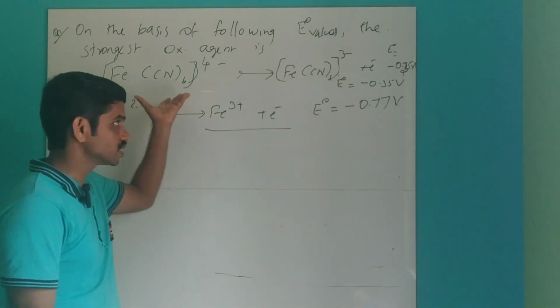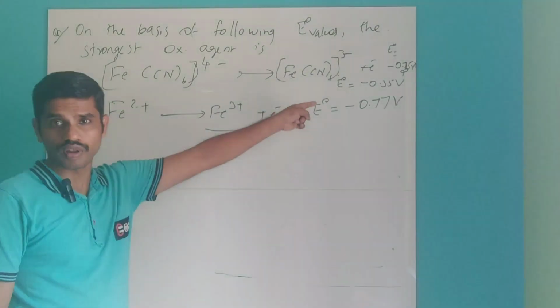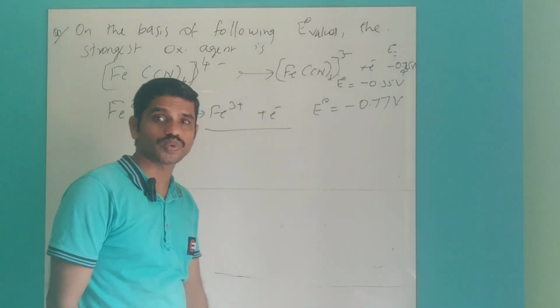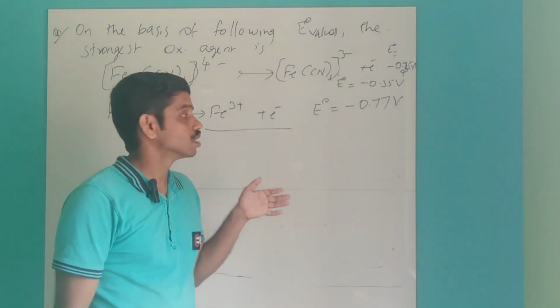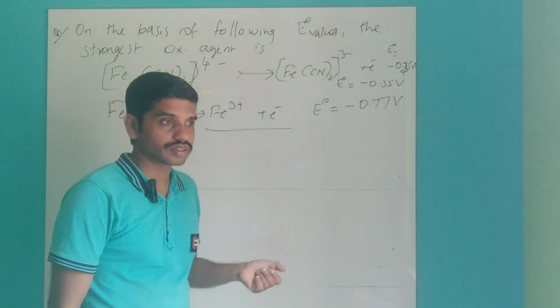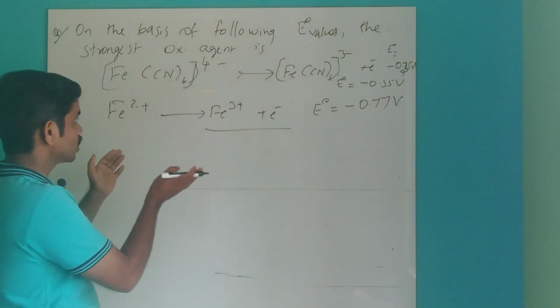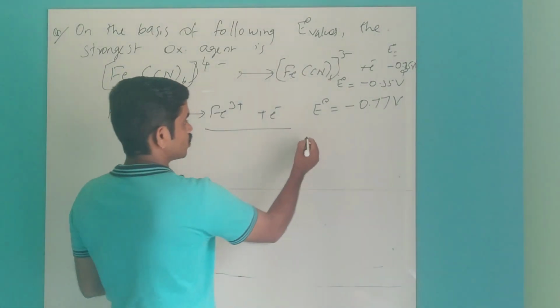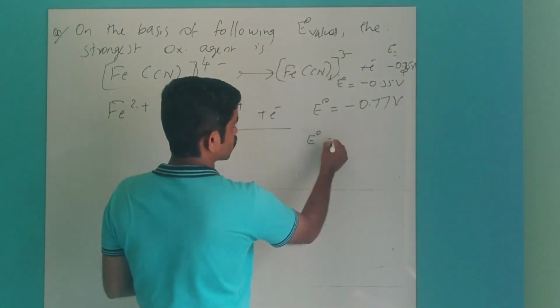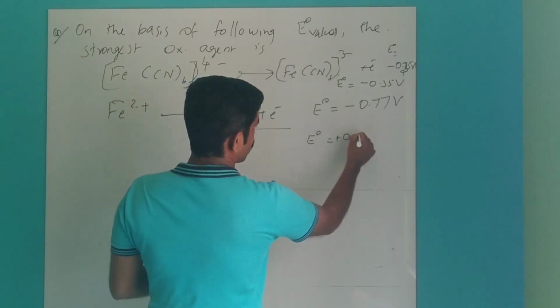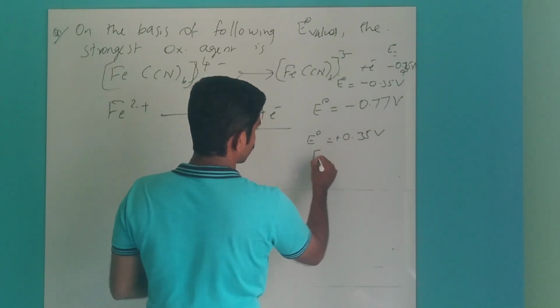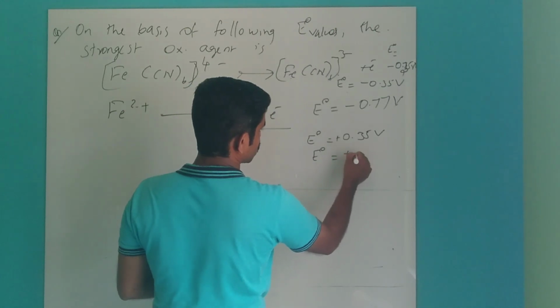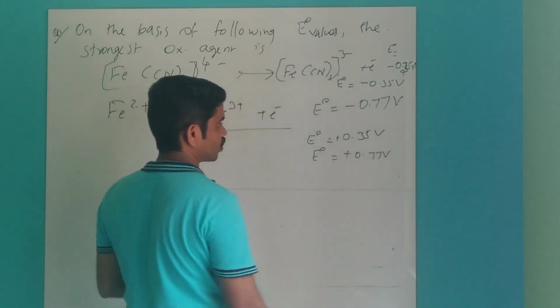Here, which reaction is given? Loss of electron is happening, so the given reactions are oxidation. If you write the reduction, the first reaction's reduction potential will be plus 0.35 volt, and the second one's reduction potential is equal to plus 0.77 volt.